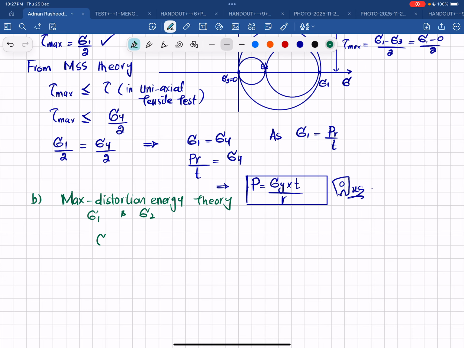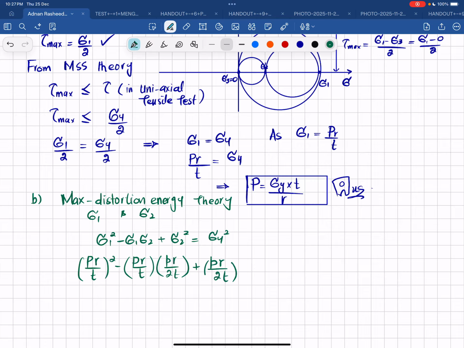The formula is sigma 1 squared minus sigma 1 into sigma 2 plus sigma 2 squared equal to sigma yield squared. This is the formula for the maximum distortion energy theory. So sigma 1 is PR divided by T, whole squared, minus sigma 1, which is PR divided by T, times sigma 2, which is PR divided by 2T, plus PR divided by 2T whole squared, equal to sigma yield squared.